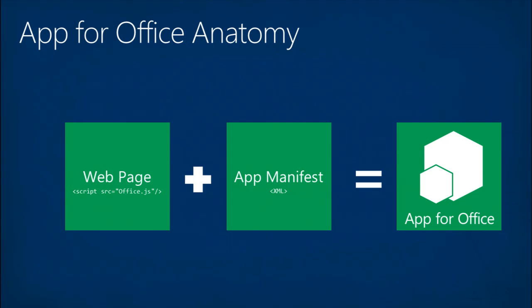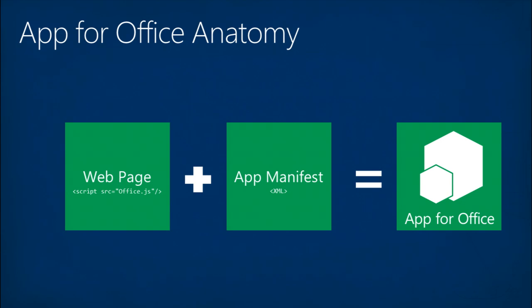So with that, let's talk about what really makes up that app for Office. What it comes down to, as you probably have already heard, is just a manifest, an XML declaration that tells me where my site is located. How do I get to my specific site? And that site itself is what actually is the driver for your app.